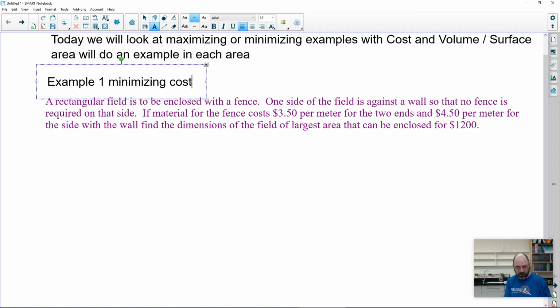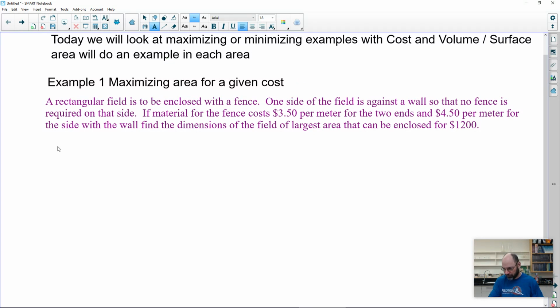This is the wrong way to put it. We're actually maximizing area for a given cost. That's actually what we're doing. We're not minimizing the cost. That's something else. It's very similar, but it's something else.